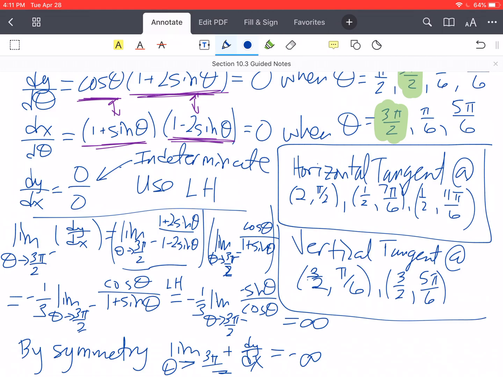So as we approach from the left, we're heading towards positive infinity. As we approach from the right, we're heading towards negative infinity.